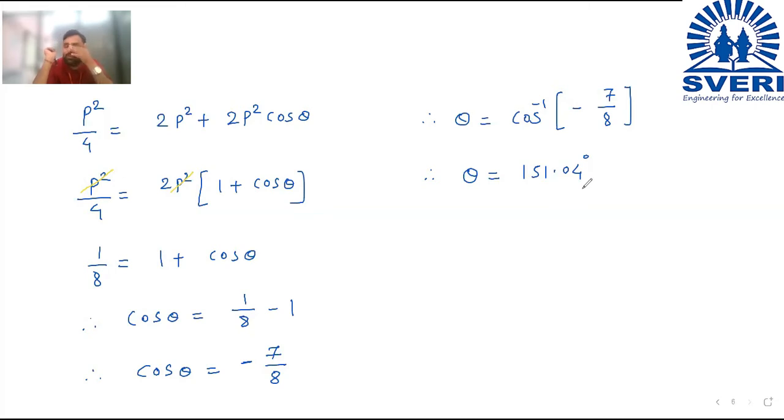Further, you can also solve the problem to calculate alpha. That is your homework. In the first problem, I have told you how to calculate alpha. You know the formula. Now you know the value of theta, 151.04, and you know the value of P. The value of Q is also P. From this, you can calculate the value of alpha.